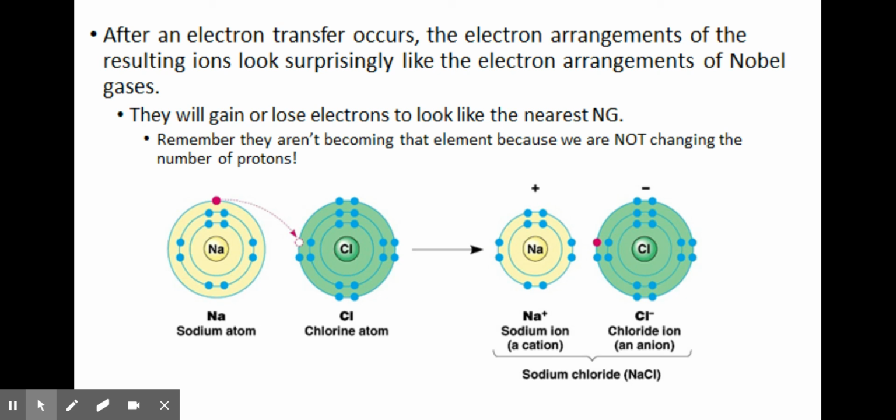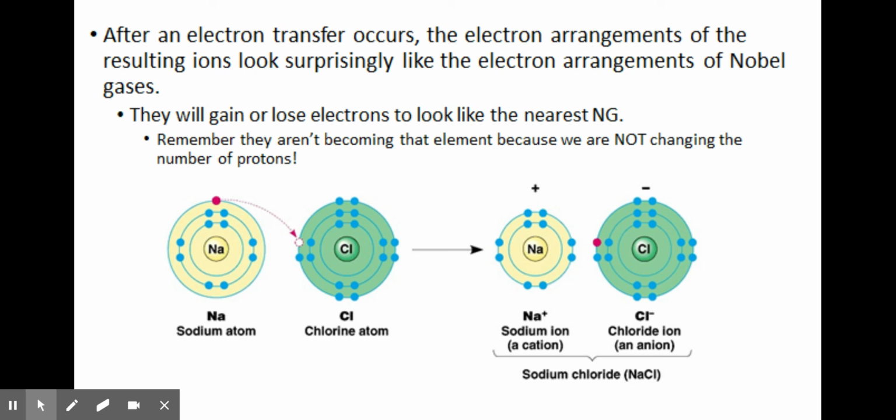So they're going to gain or lose electrons to look like their nearest noble gas. Again, that's why we want to think of the periodic table as a board game, okay? For example, if we have sodium giving up an electron to chlorine, you will see that sodium no longer has that 1 valence electron.